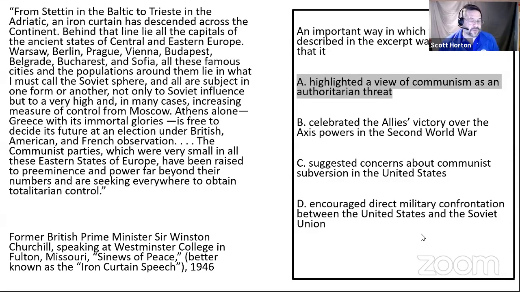It's a threat to the democratic nations of the world. Certainly B is something that Winston Churchill would have done, but that's not the situation that is really referenced here in the document. He's not worried about communist subversion in the United States.